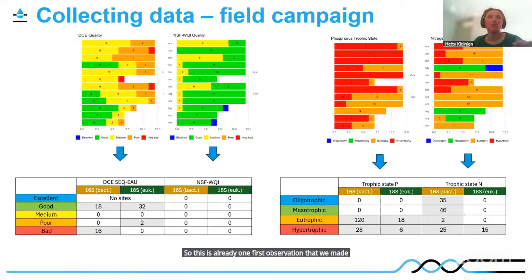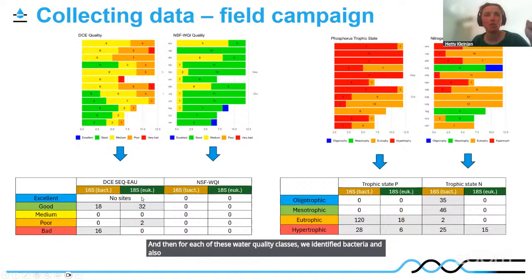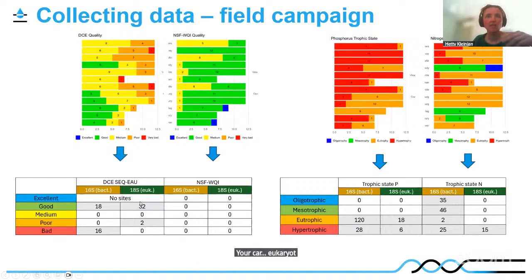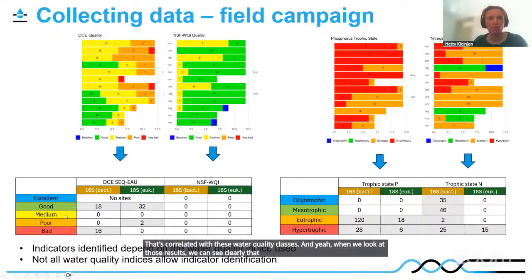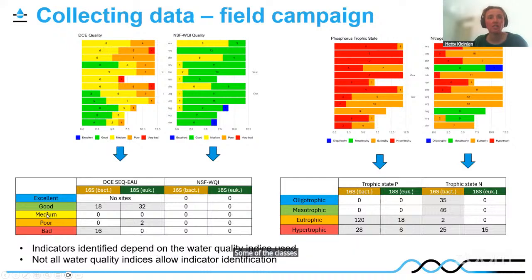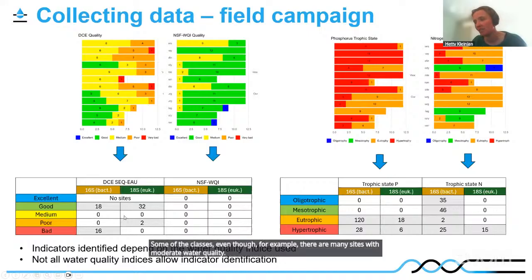And then for each of these water quality classes, we identified bacteria and also eukaryotic species that correlated with these water quality classes. When we look at those results, we can see clearly that for some of the classes, even though, for example, there were many sites with moderate water quality, we didn't identify any indicator species.